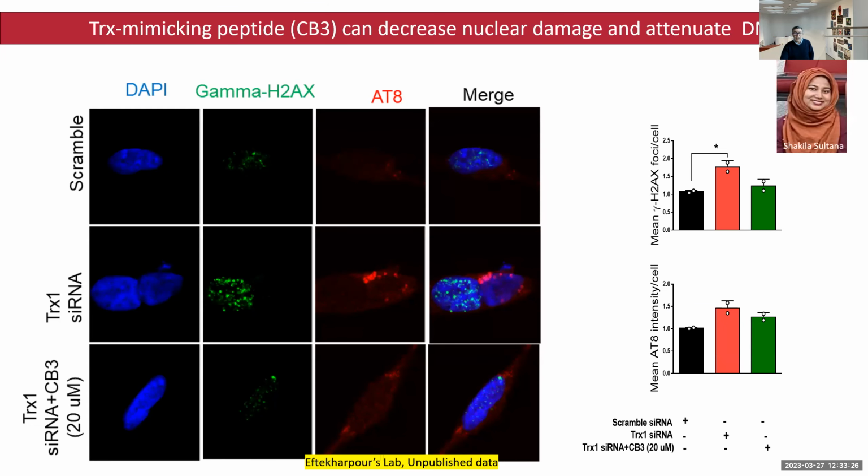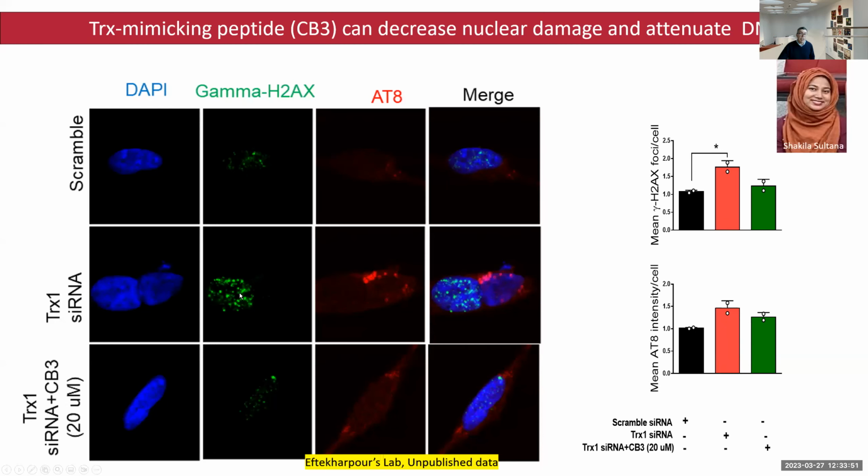The other thing that Shakila showed is, okay, so what happens inside the nuclei? After induction of nuclear lamina damage, we also ask whether this actually changes anything in the DNA. And we use gamma H2AX, which is basically a marker of double-strand DNA damage.